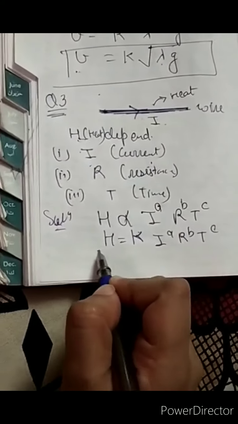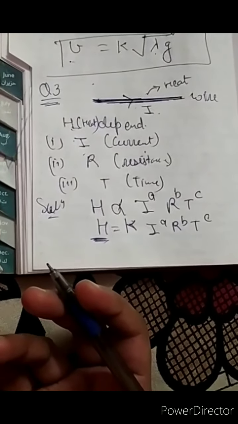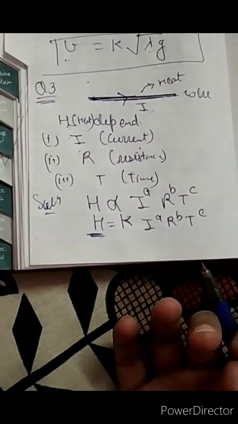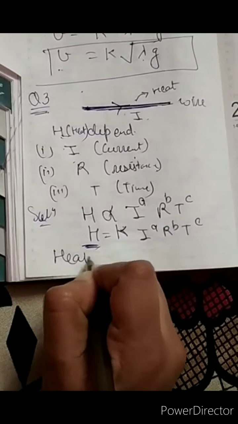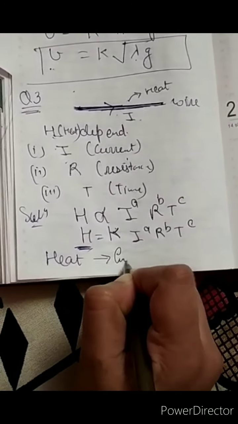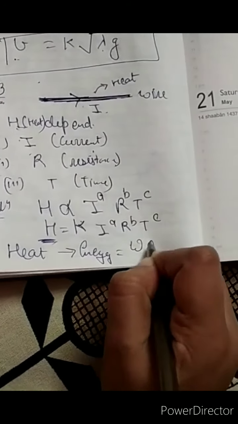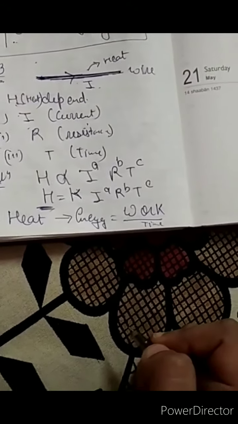Students, let's observe heat. What is heat? Heat is energy. Heat is how much heat is lost, which means energy is lost. Energy has one form, that is heat. So heat is nothing but energy. And what is energy? Energy is work upon time.